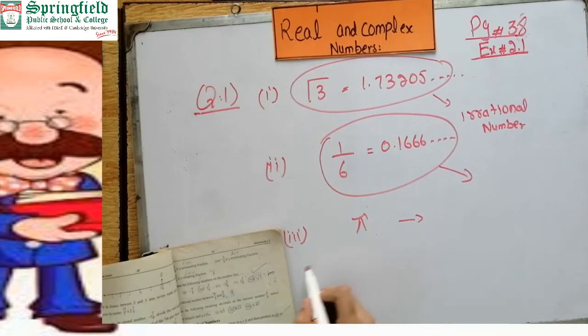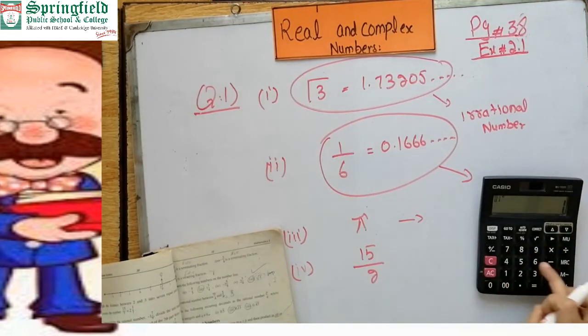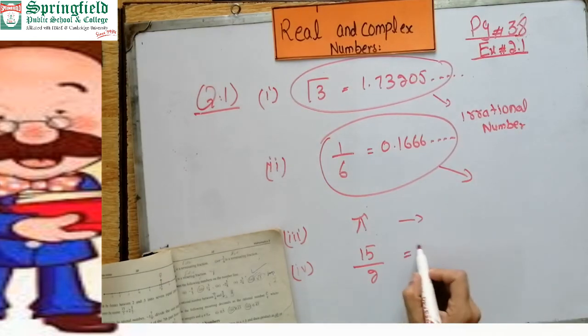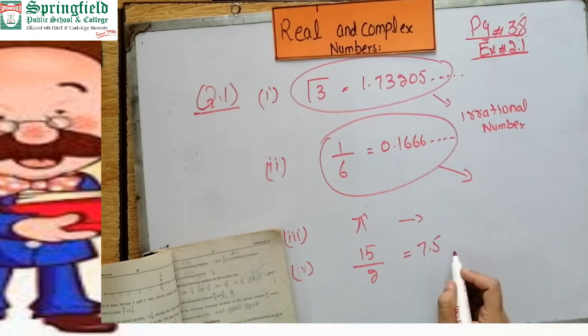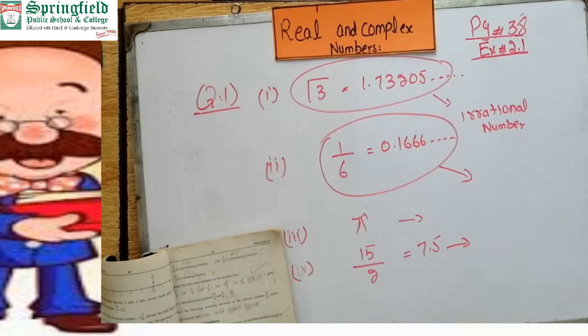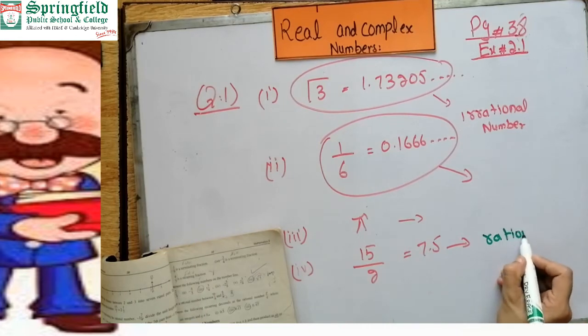And the fourth one, 15 by 2: 15 divided by 2 is 7.5. It means we can terminate, so this is a rational number.